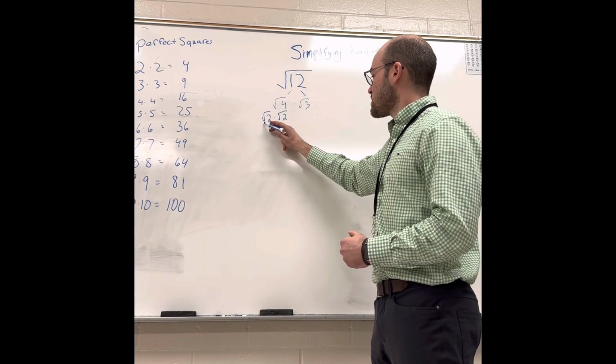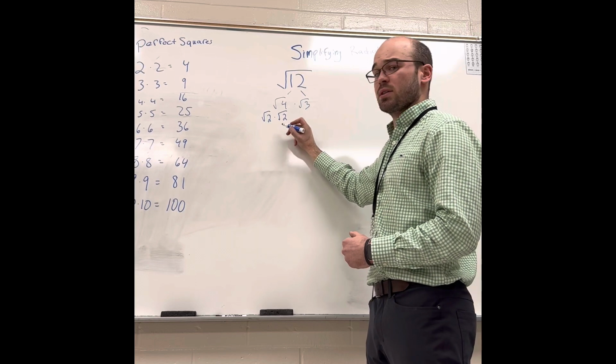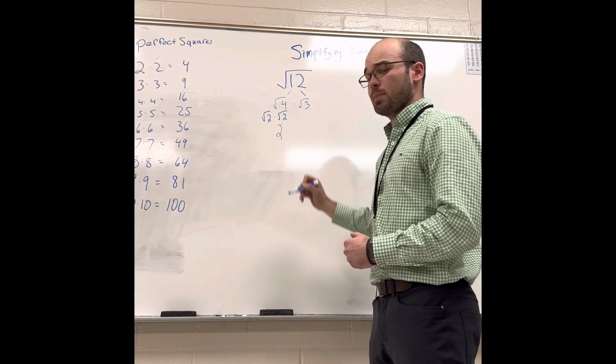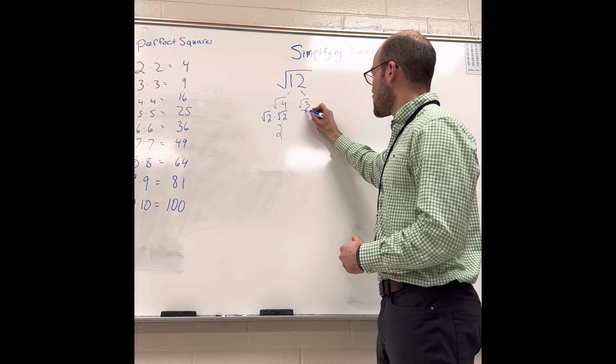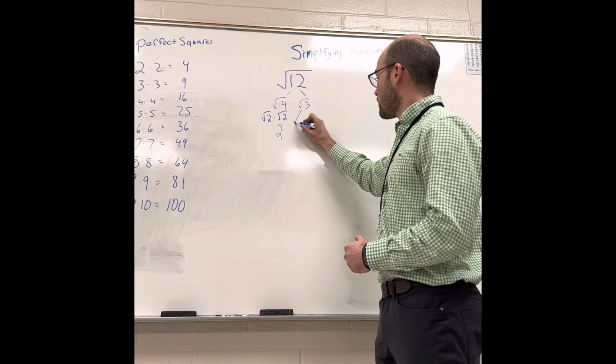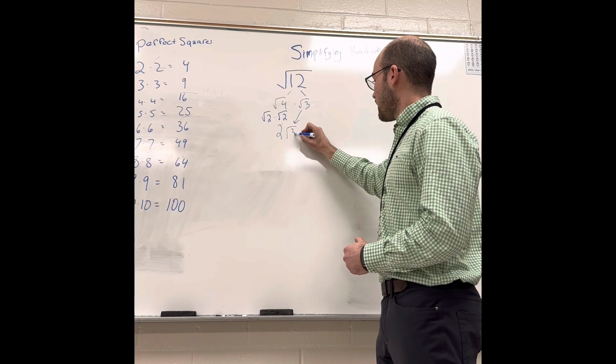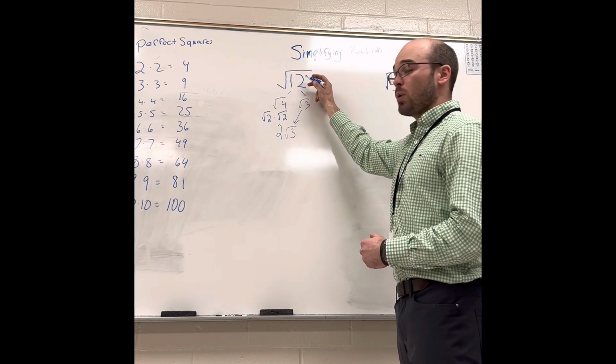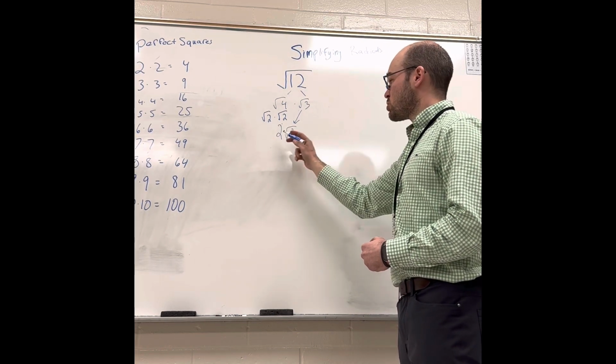So in this case, since we're multiplying it by itself, the 2 could just come out. Since radical 3 can't be broken down any further, I could bring it down, and my final answer for radical 12, or root 12, would be 2 root 3.